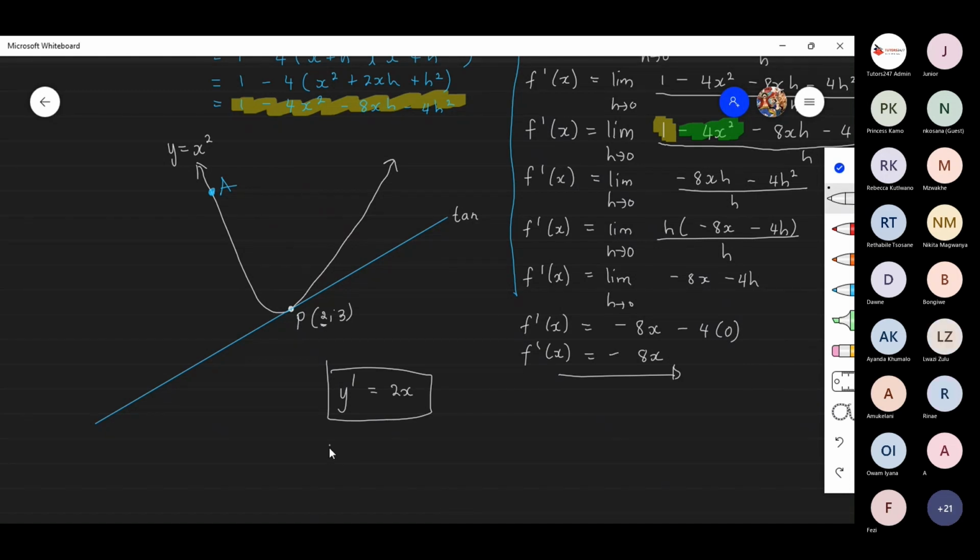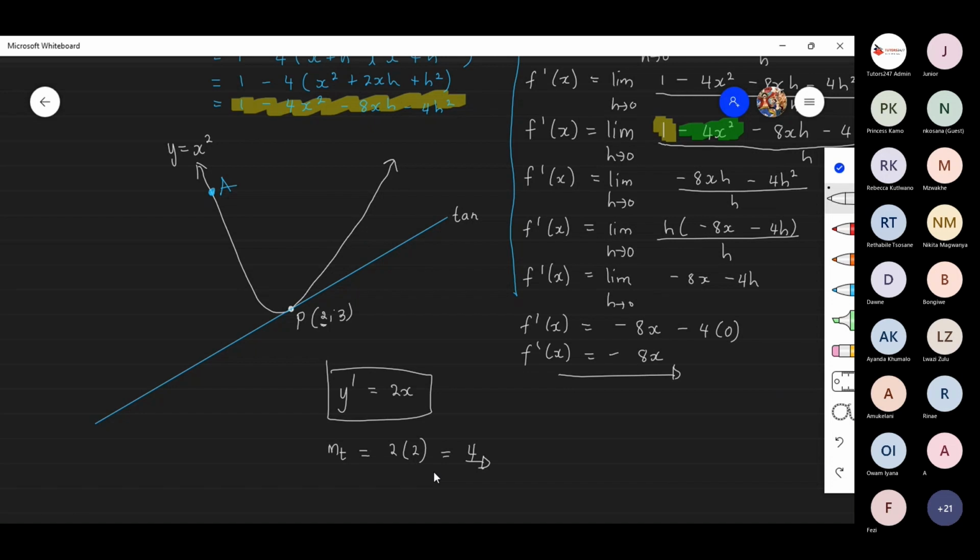So our gradient of the tangent will be 2 times 2, which gives us a value of 4.